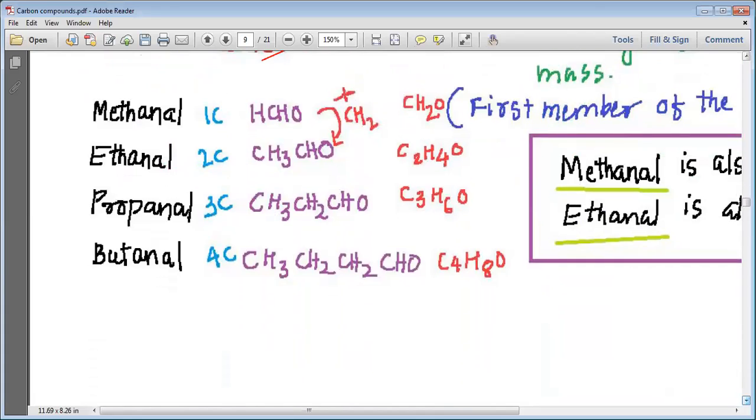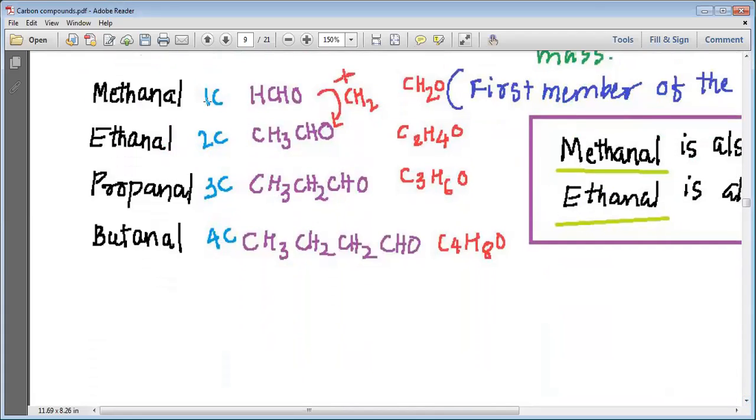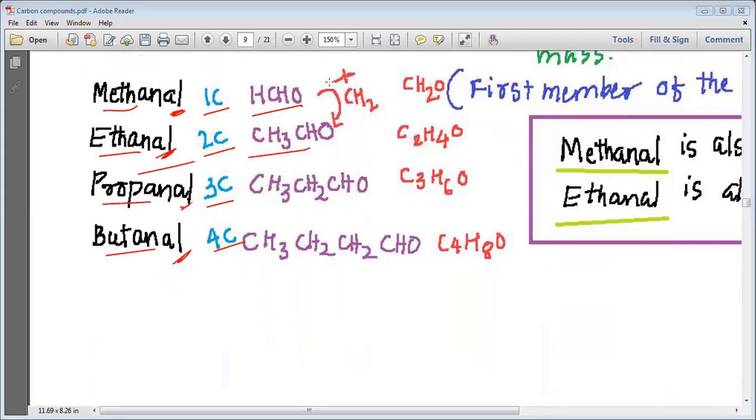of aldehyde. For one carbon we write meth, for two carbon we write eth, for three carbon we write prop, for four carbon we write but. So it's methane plus al because it is an aldehyde. Al is the suffix for aldehydes, and we have methanal HCHO, ethanal CH3CHO.